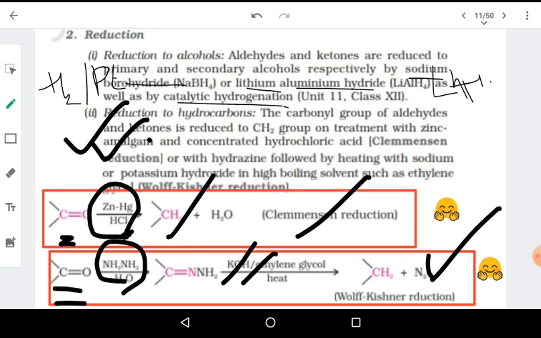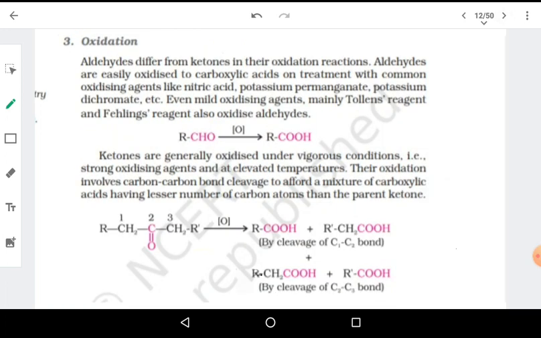If there are any acid sensitive groups present in the compound, then it will misguide the reaction. So that is the disadvantage of Clemmensen reduction. And Wolff-Kishner reduction is not undergone by base sensitive groups. So this is important. We have discussed in detail these two topics and the limitations in the chapter of alkenes. Okay, so let us now talk about oxidation.